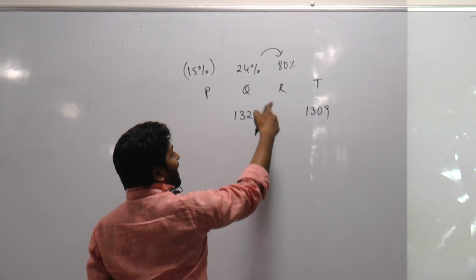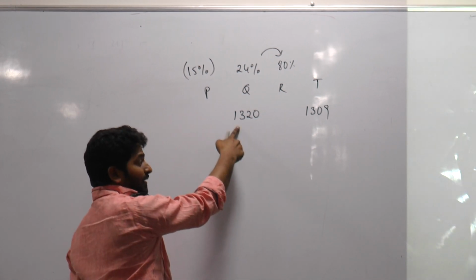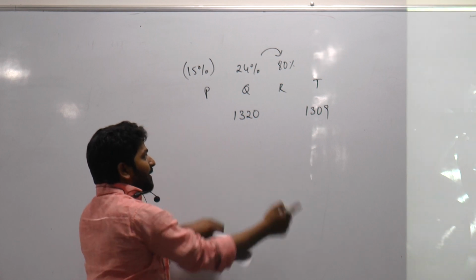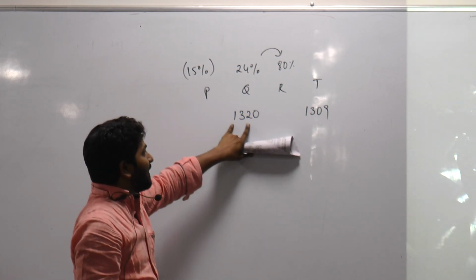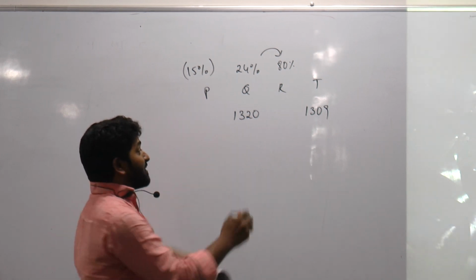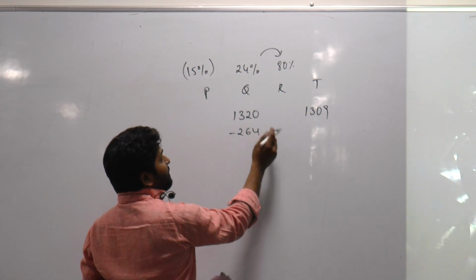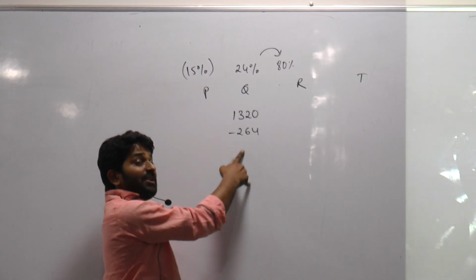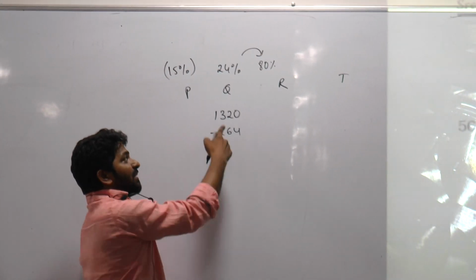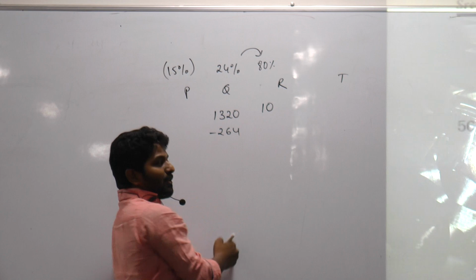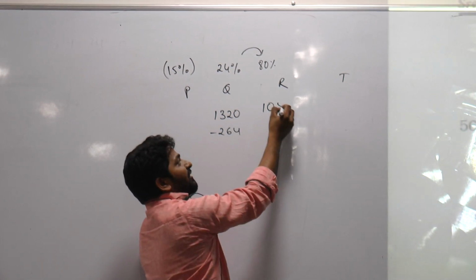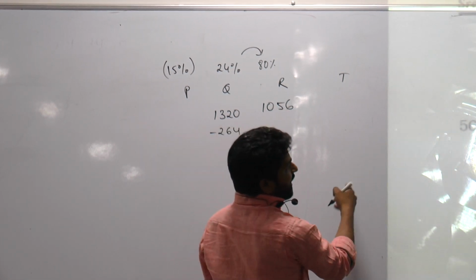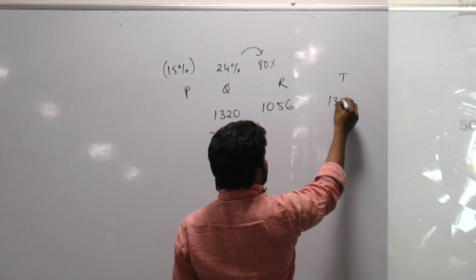To get R value, you need to calculate 80% of this number. 80% in the sense you need to subtract 20%. 10% is 132. 20%, 264. Let me subtract 264 from 1320, that will be 1056. And from T we have 1309.